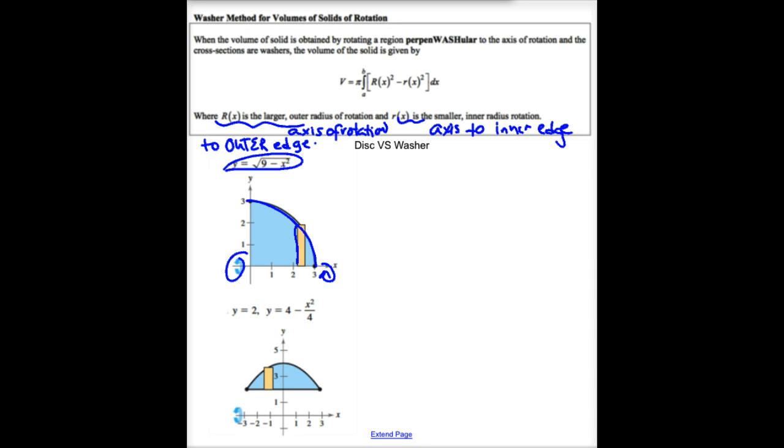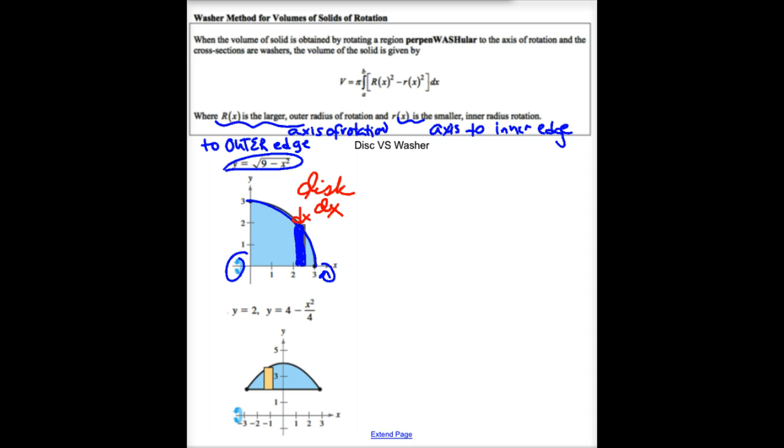So I draw my rectangle perpendicular to the axis, and it butts up right against it, so there won't be any hole created. When I whip that around this axis, it's going to give me a solid figure with no hole drilled out of it. So this is what I would call a disk problem. My differential is on the x-axis, so it's a disk dx.